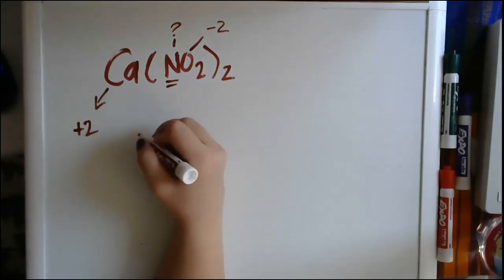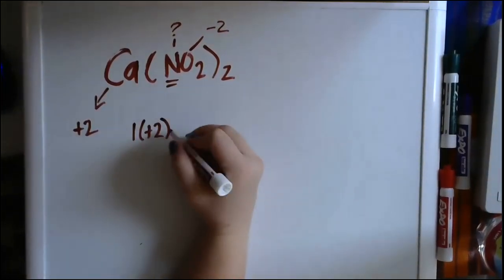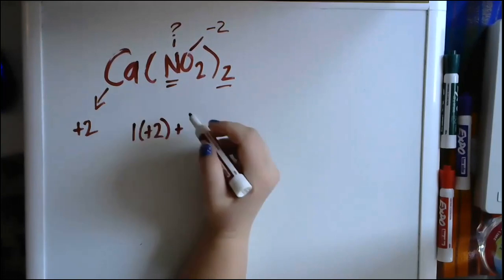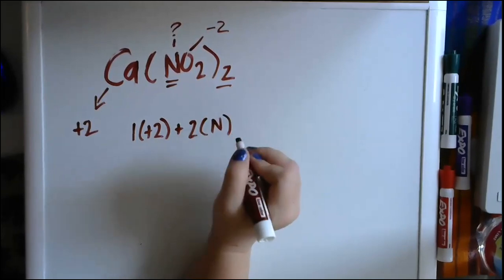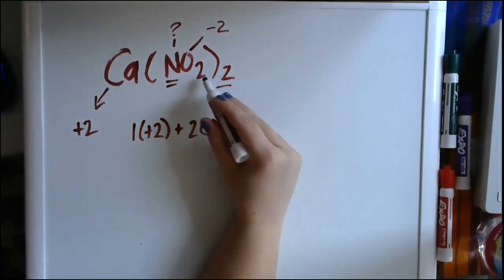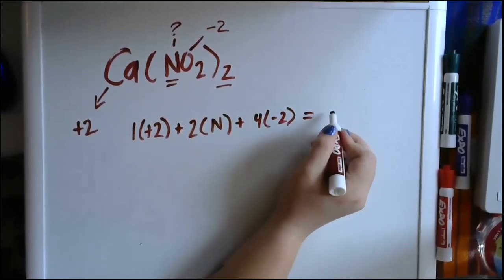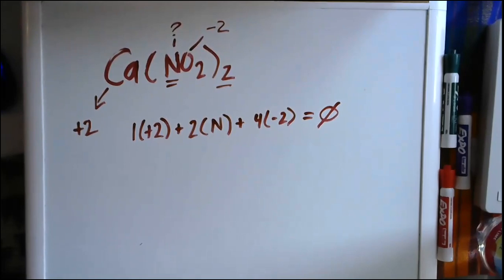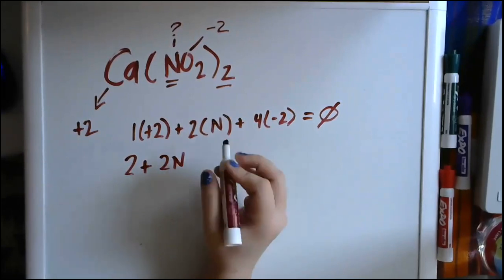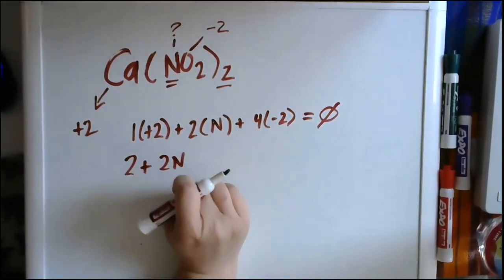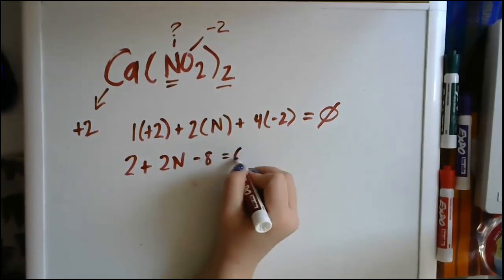So I've got 1 calcium, so that's going to be 1 times the oxidation state of +2. I've got 2 nitrogens, so that's 2 times whatever the oxidation state of nitrogen is. 2 times 2 is 4 oxygens, so that's 4 times -2. Because this is a neutral compound, they're going to equal 0. So 2 plus 2 nitrogen minus 8 equals 0.